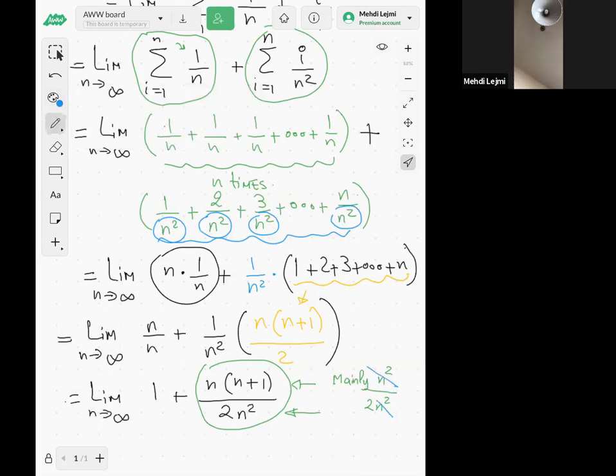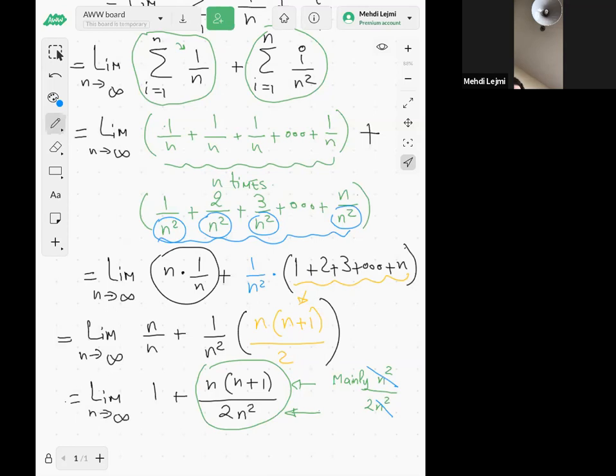Again, guys, if you have a question about the limits, how we compute the limits, just let me know. But I assume that you know how to compute the limits. In this case, in the top, the highest power of n is 2. In the bottom, the highest power of n is 2. So when you have the same power in the top and in the bottom, all you have to do is take the ratio of the leading coefficients.